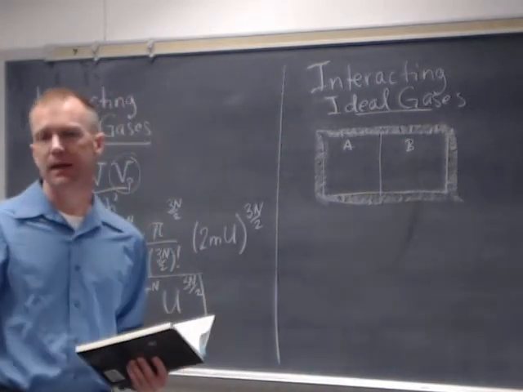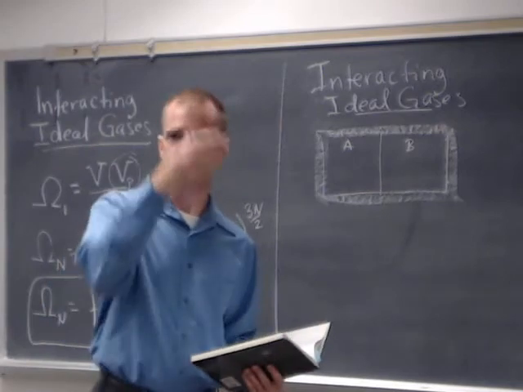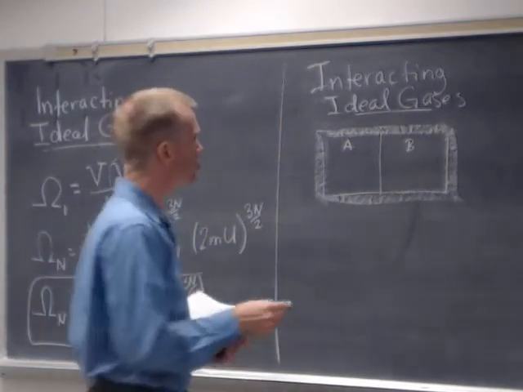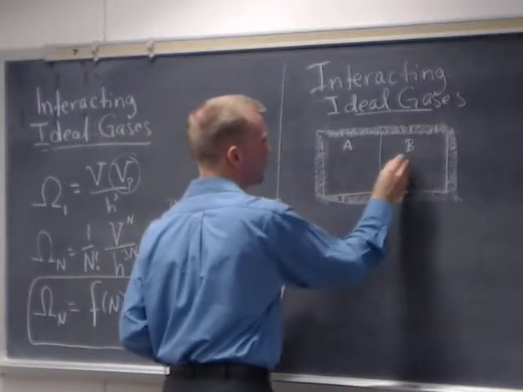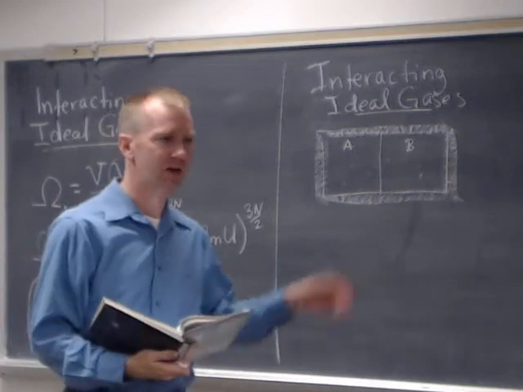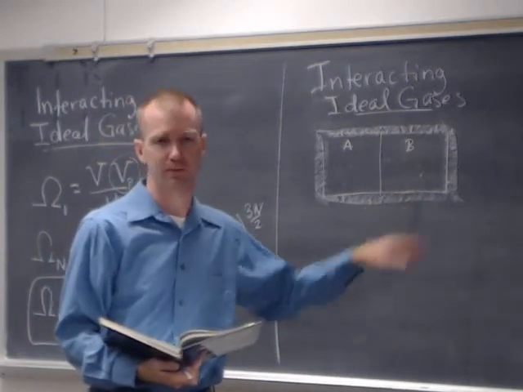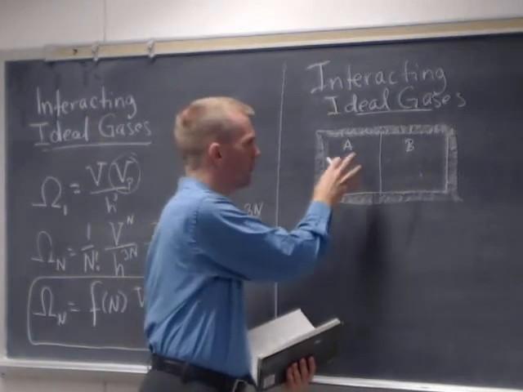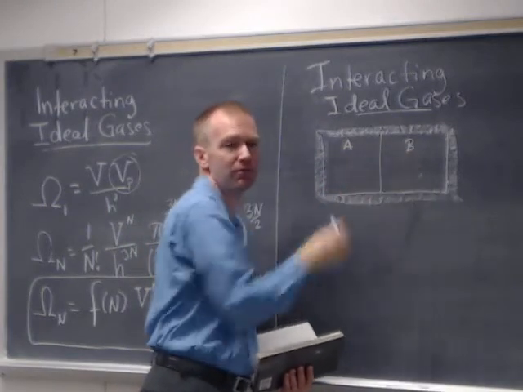Now, A and B are divided by a little screen there, a thin wall, which keeps the gas molecules of A in their place and the gas molecules of B in their place. And this wall does not move, so the volume of A is fixed and the volume of B is fixed.